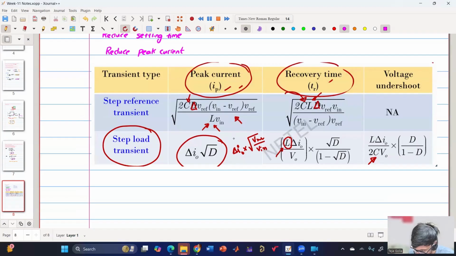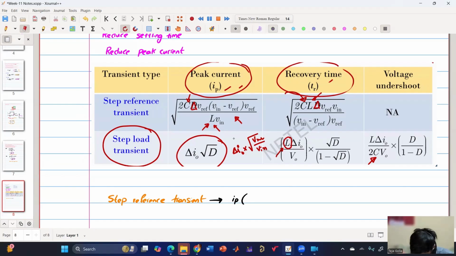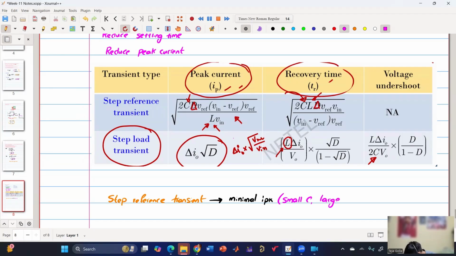Very good. So if I consider the step reference transient, for the peak current to be minimal, I am getting small capacitance and large inductance.